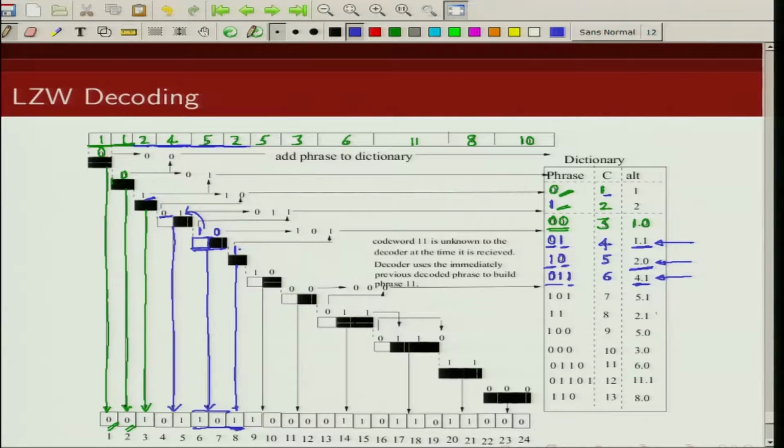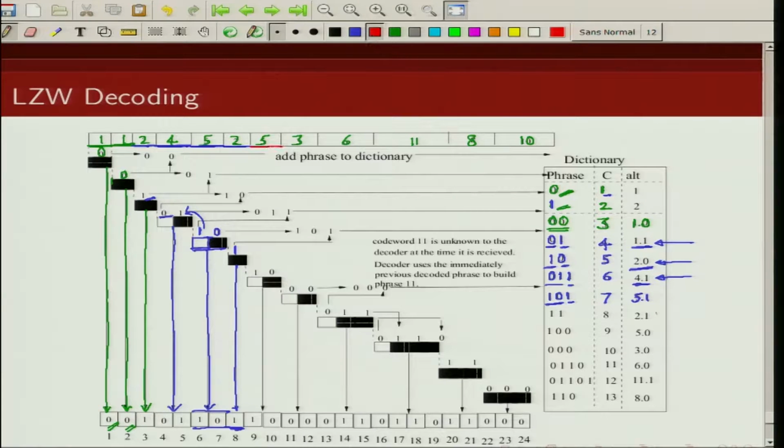So I am going to add 1, 0, 1 to my dictionary. So I add 1, 0, 1 to my dictionary, and that's code word number 7. And this can be written as code word number 5, which is 1, 0 concatenated with 1. So that's why in the alternate representation I am writing it as 5 concatenated with innovation symbol 1.